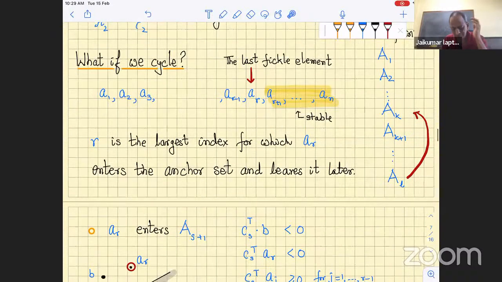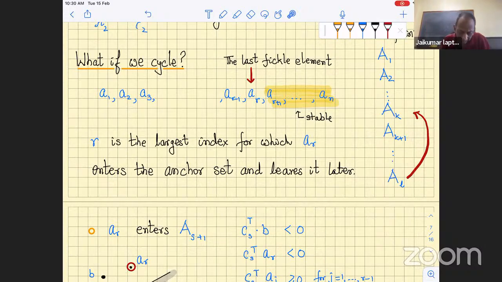Now, these anchor points were changing at every step of this algorithm. Some vector comes, some vector leaves. If there is a cycling, there must be some AIs which enter and then leave, enter again and leave, enter again and leave in the life cycle of this cycle.